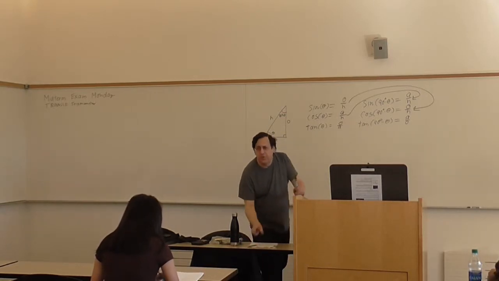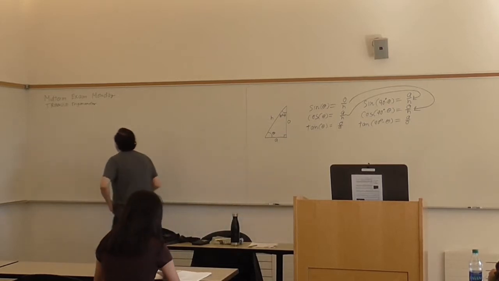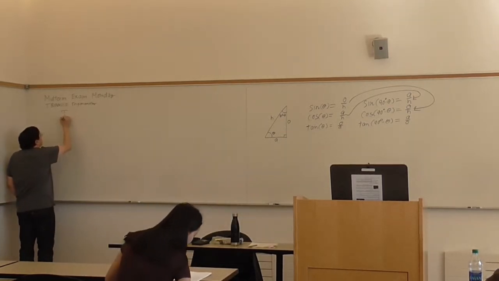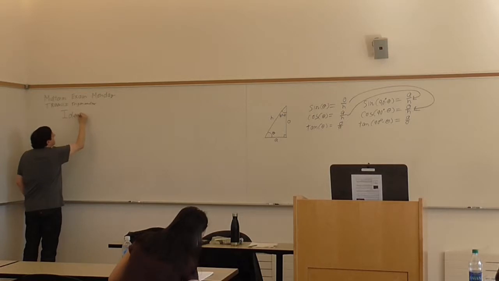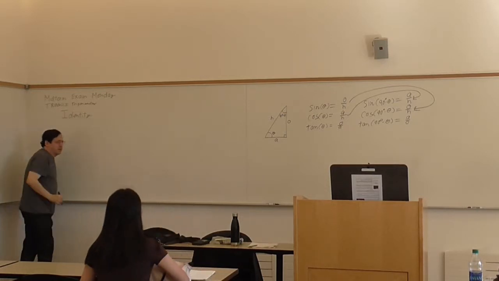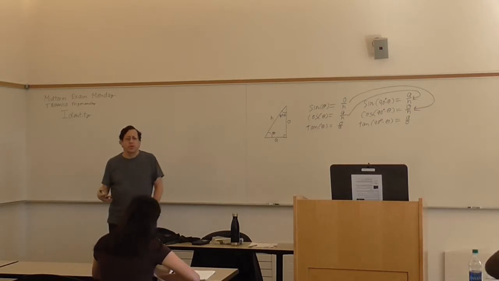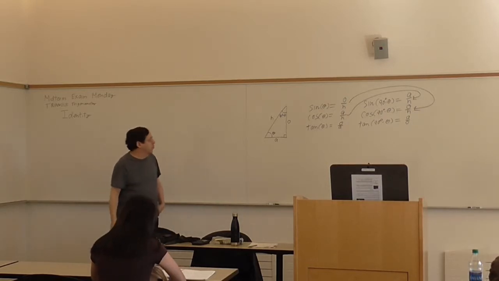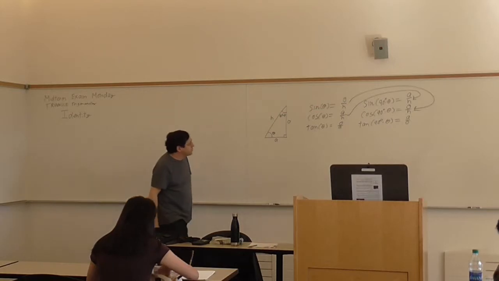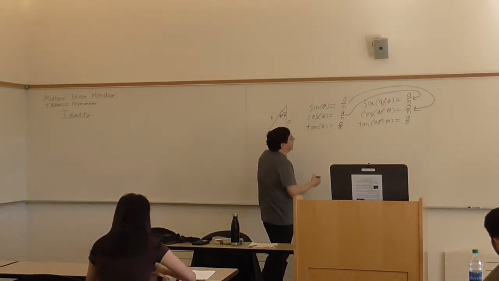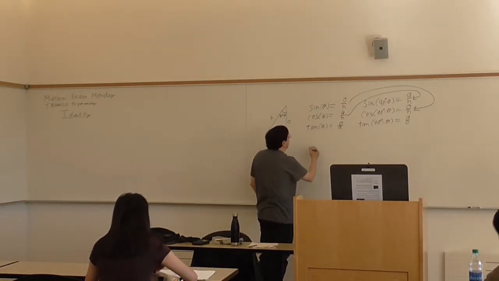The right word to use is an identity. Later in the class, we're going to go over a number of identities. We're going to learn to work with them, maybe prove some identities. But the two identities that I want you to be really aware of.